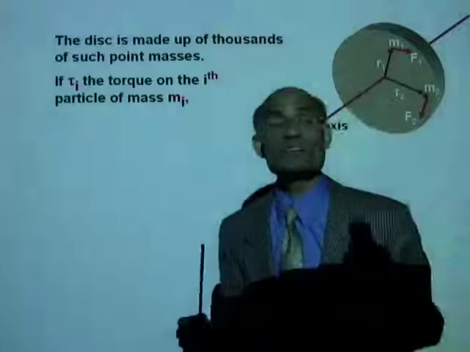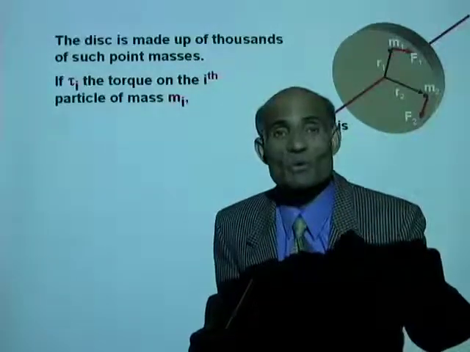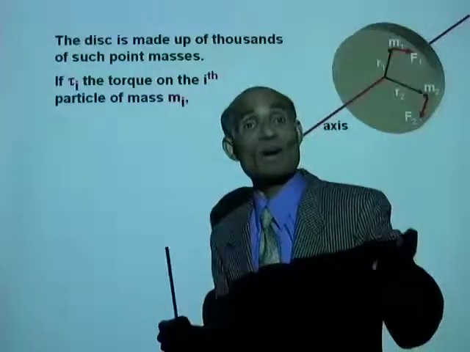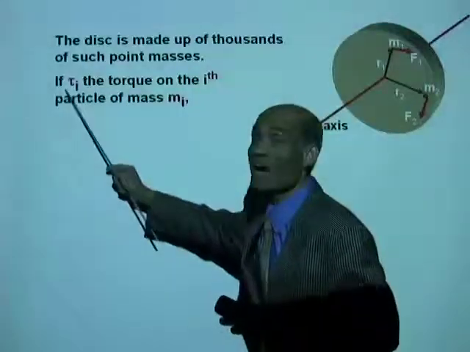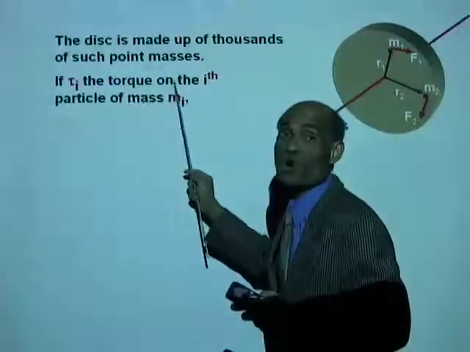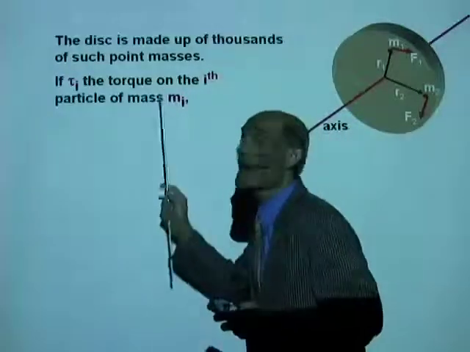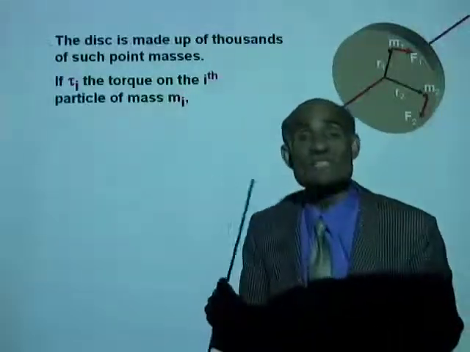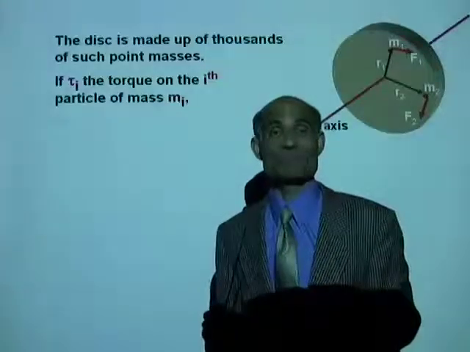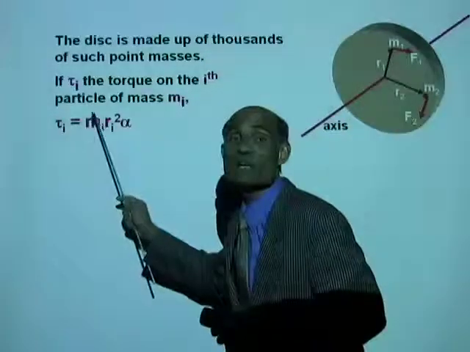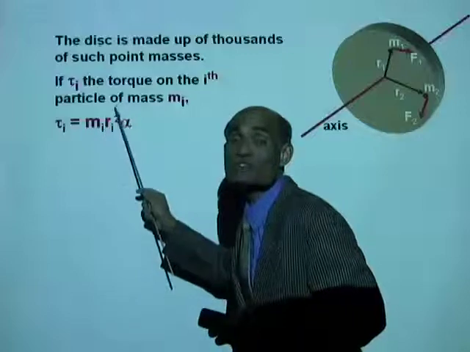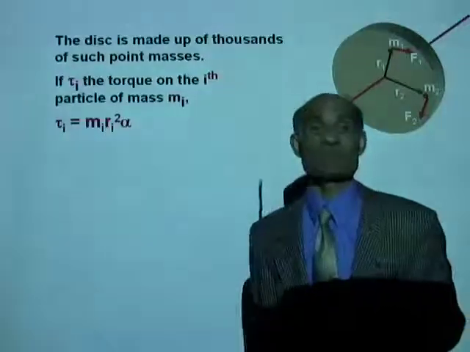If you take the 100th particle, then i will be 100. So if tau i is the torque on the ith particle of mass mi, what will tau i be equal to? Tau i will be mi ri squared alpha.